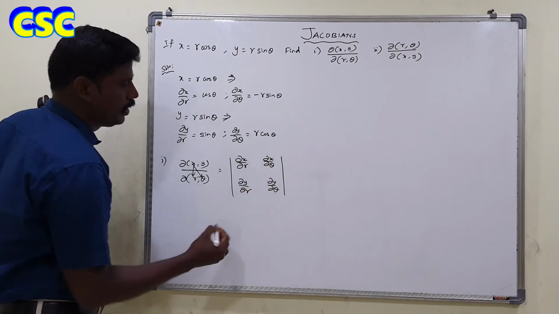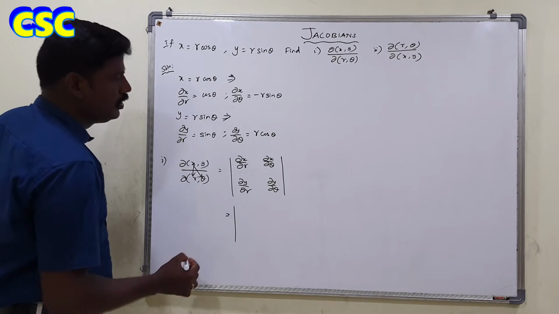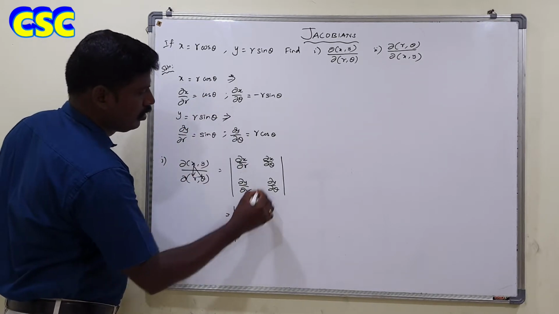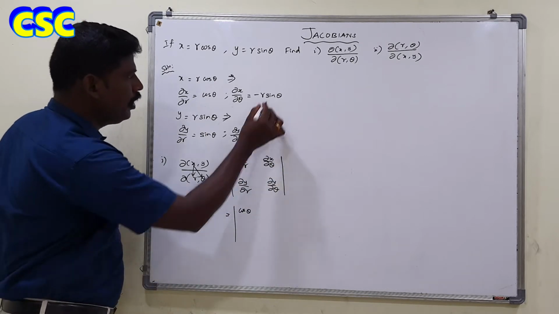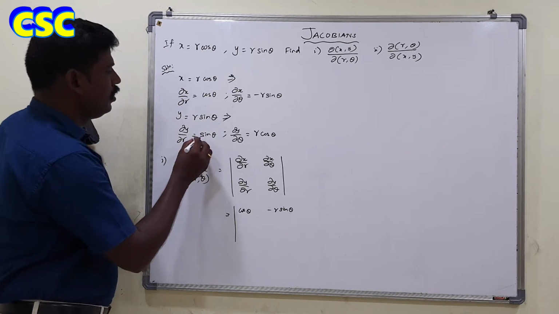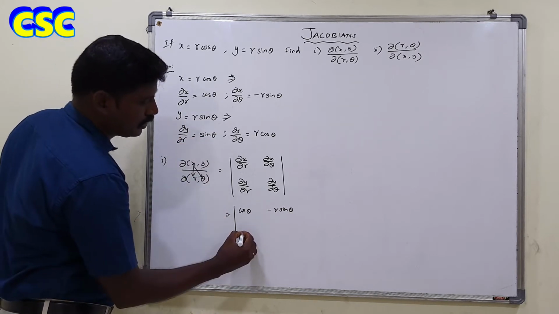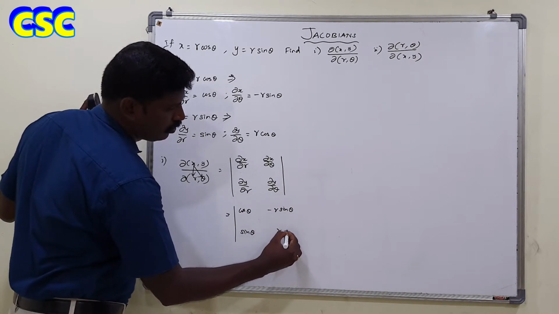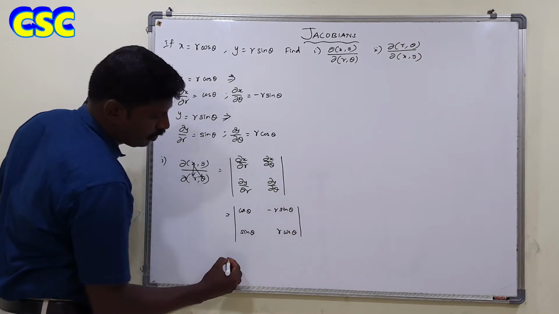That's all. No need to memorize the formula. So what is the determinant value? ∂x/∂r is cos theta, ∂x/∂θ is minus r sin theta. What is ∂y/∂r? Sin theta. And ∂y/∂θ? R cos theta.